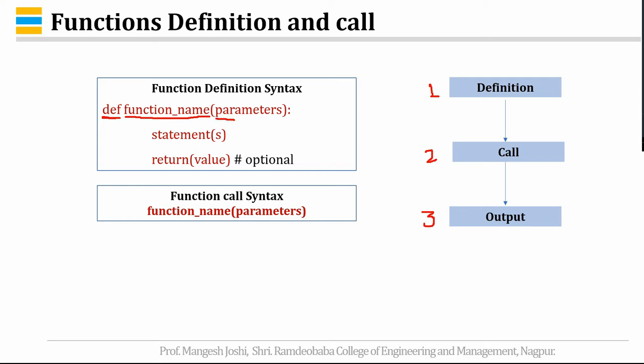Then the function may have some parameters or arguments, or it may not have any argument. Then you give an indentation, and this is the body of your function. This function may return some value or it may not. It is optional, but you have to use return if you want to return a value.